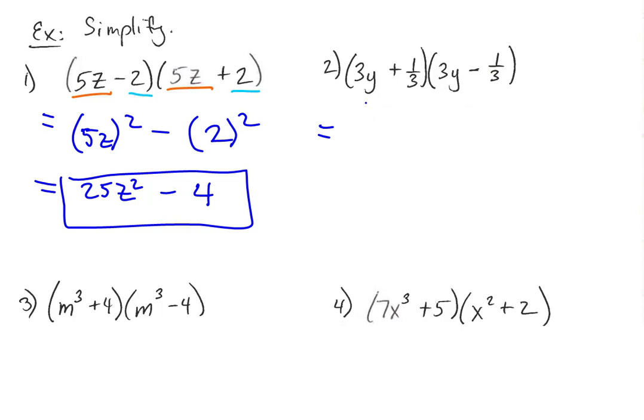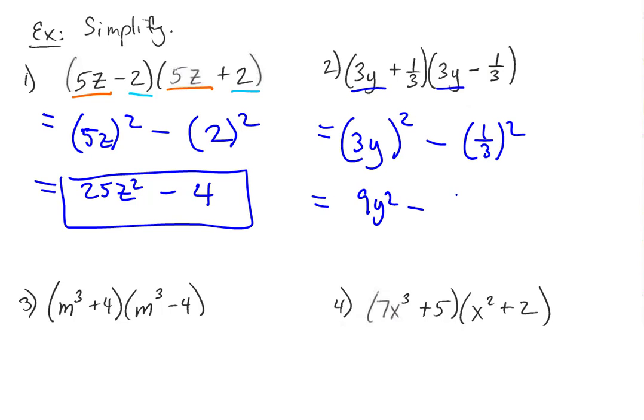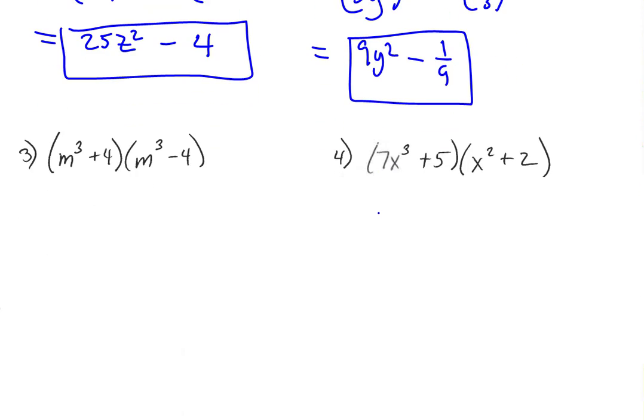So the first term in each set of parentheses, the 3y, is like the a, so we want (3y) squared for the a squared, and then minus b squared, and this time the b is the 1/3. Simplifying, (3y) squared is 9y squared, minus (1/3) squared is 1/9, so 9y squared minus 1/9 should be our simplified result.